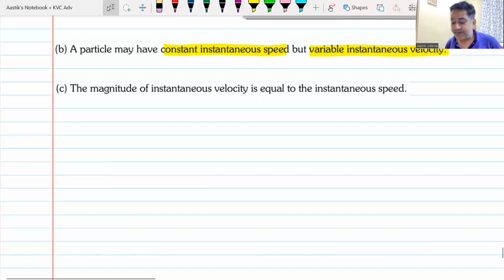The next point, the magnitude of instantaneous velocity is equal to instantaneous speed. Yes or no? Yes, sir. We have discussed this many times.